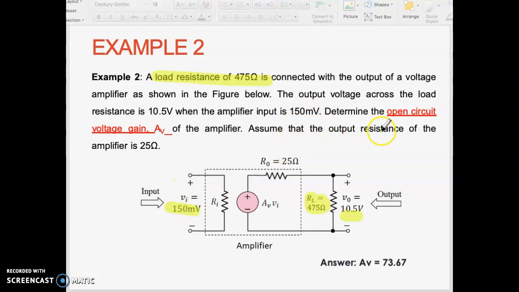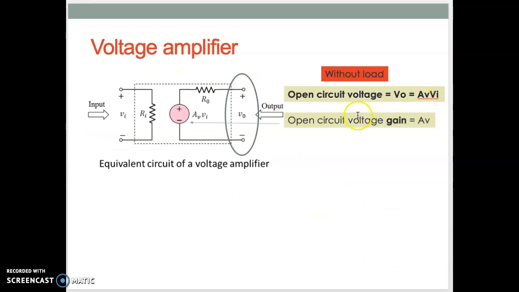Assume the output resistance is 25 ohm. You need to determine the open circuit voltage gain. What do we mean by open circuit voltage gain? Why is it named open circuit voltage? Because in this circuit, the output is not connected to the load.